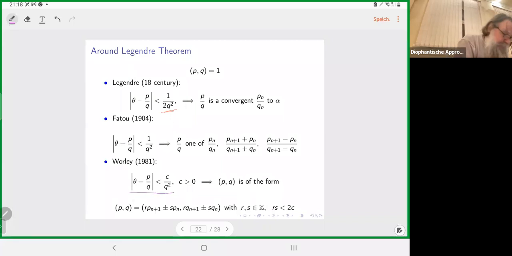If we have a rather good approximation to theta, then this approximation should come from convergent approximation. So it should be a linear combination of convergent approximations with these coefficients bounded in product.